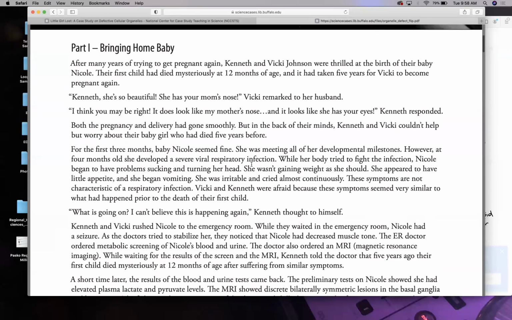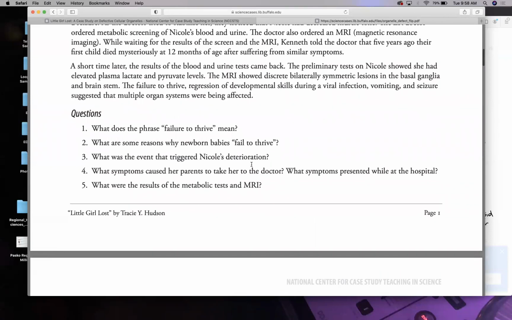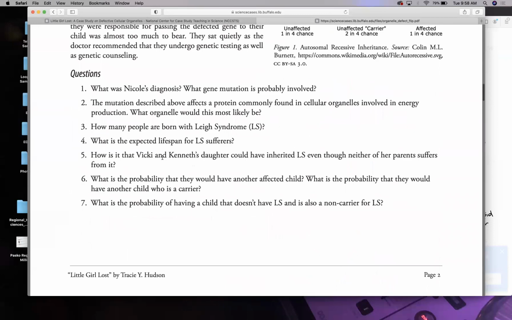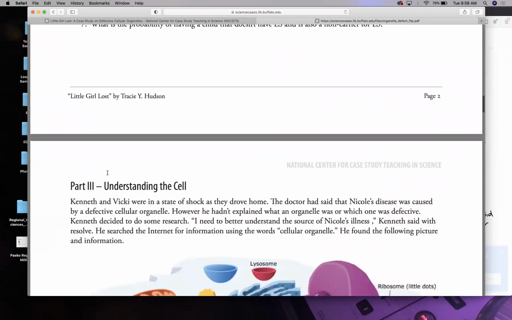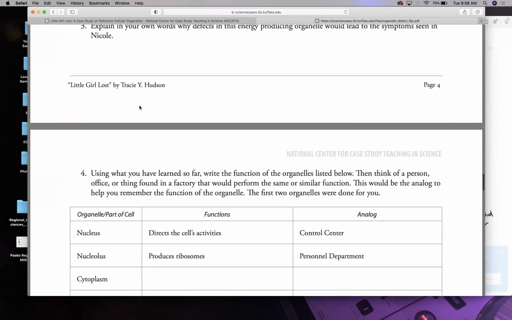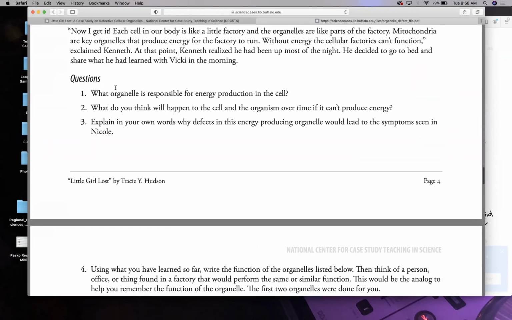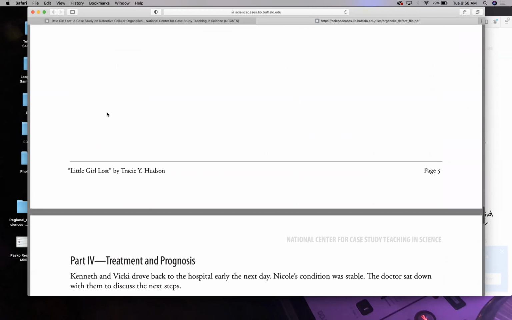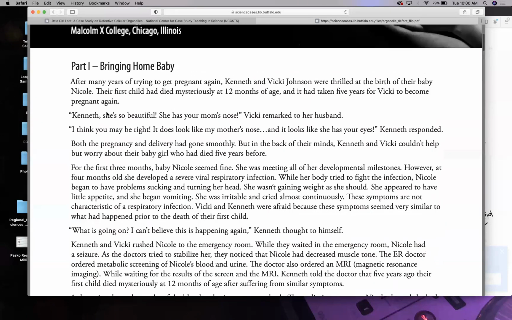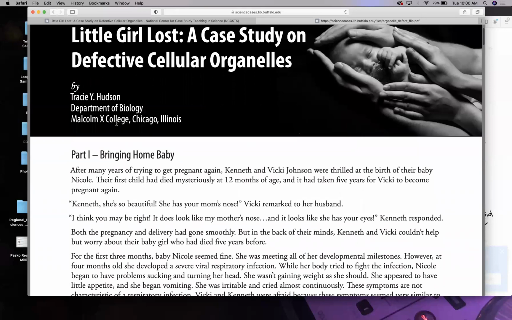You read the case, answer the first set of questions, 1 through 5. Read part 2, answer questions 1 through 7. And then, of course, part 3, answers 1, 2, 3. And I think that should be good enough. Sections 1, 2, and 3, right?